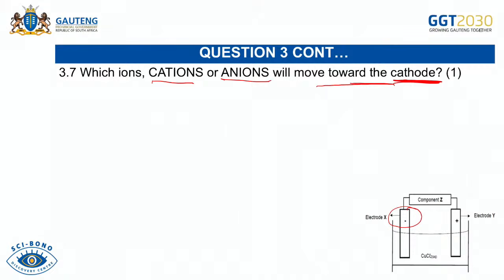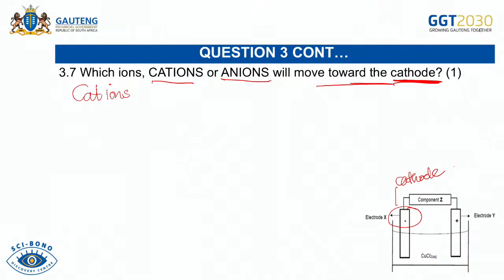Because now we know this is our cathode, and we said opposites attract, the cations, the positively charged ions, will move towards the cathode. So it has to be the cation. We just keep repeating, they're phrasing the same thing differently.